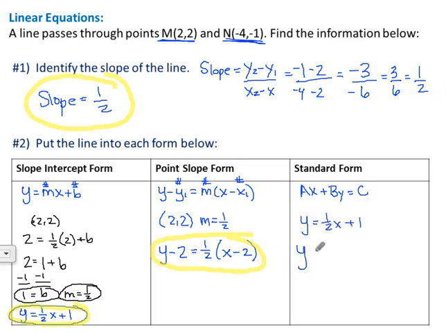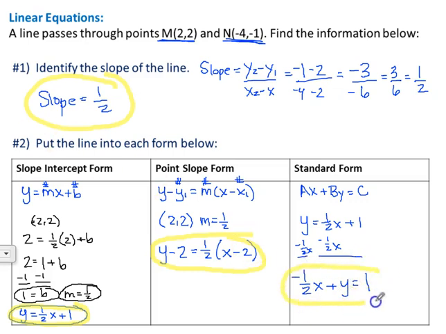So I get minus 1/2 x. I always want to put my x first. So I'm just going to subtract this from both sides. And now I get negative 1/2 x plus y equals 1. And it's in standard form now.